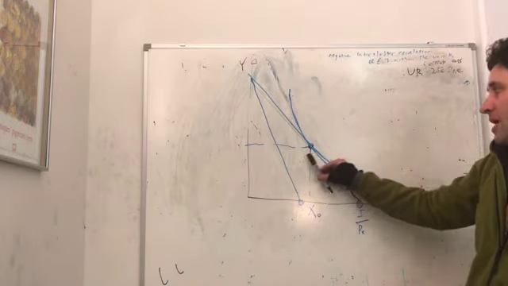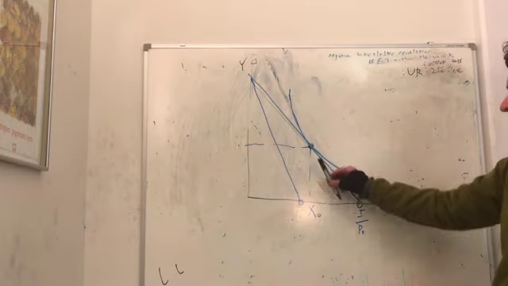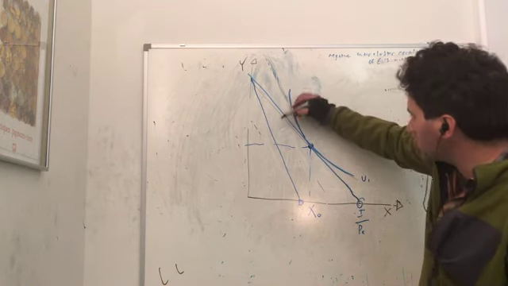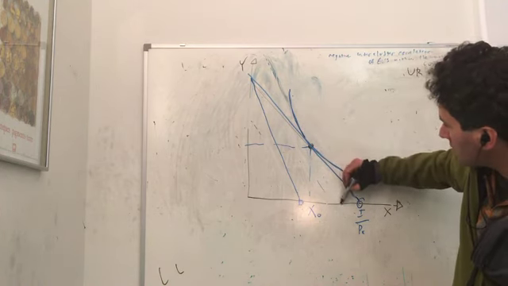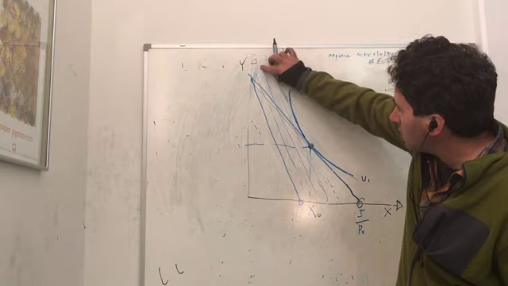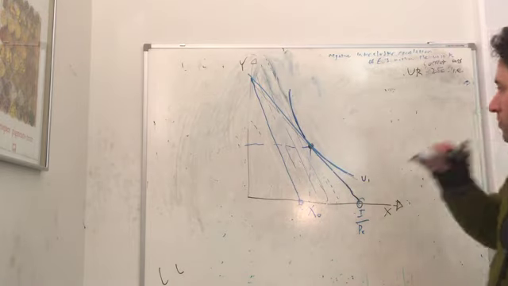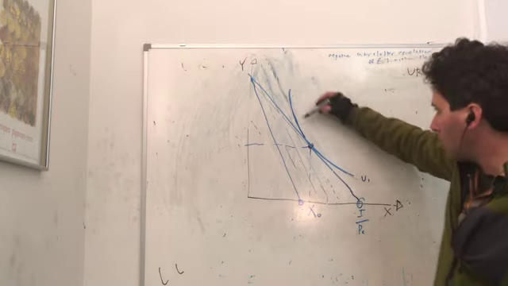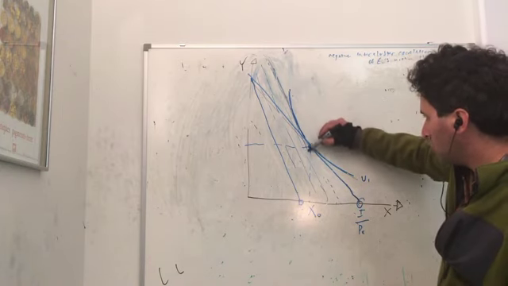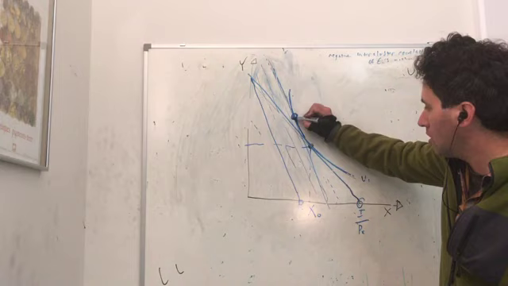We compensated them for that. So another way of saying that is, if we were to start increasing their income with the new prices, the point where I would first hit this indifference curve would be the point where the new price ratio is tangent to this indifference curve.